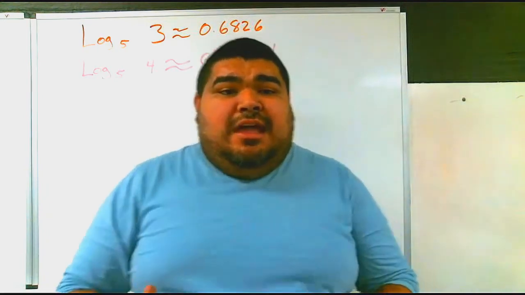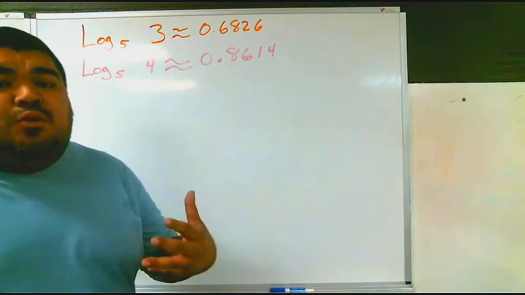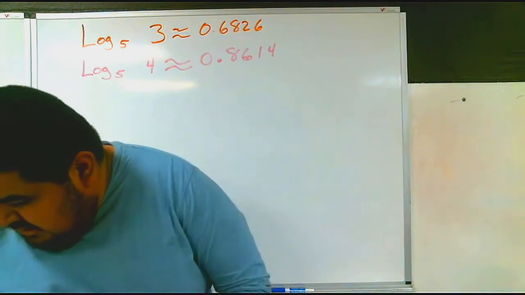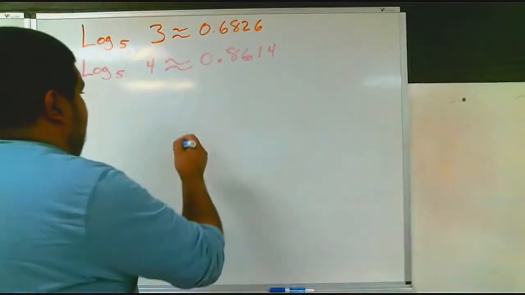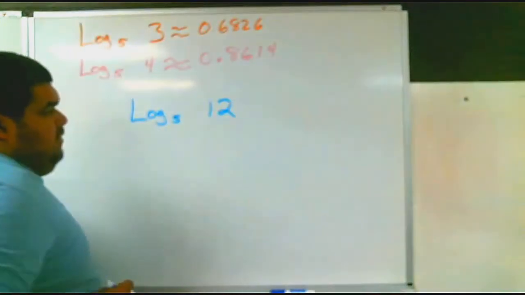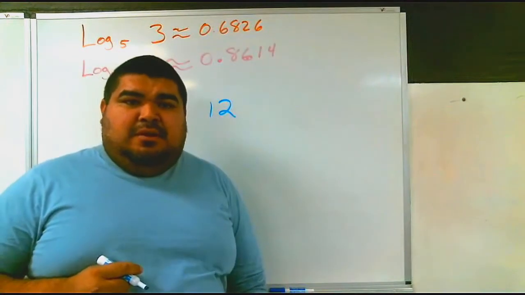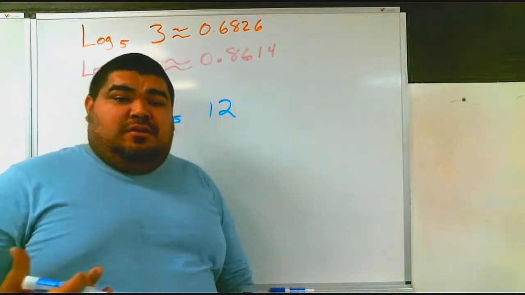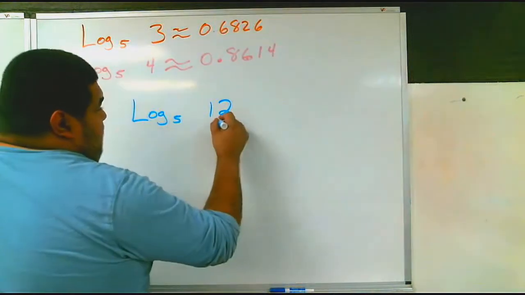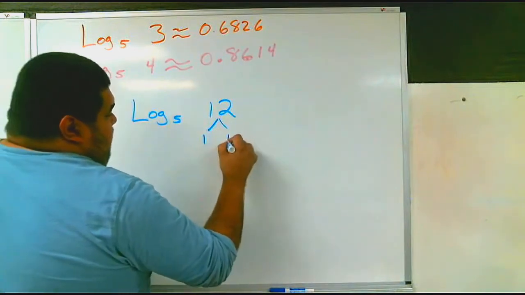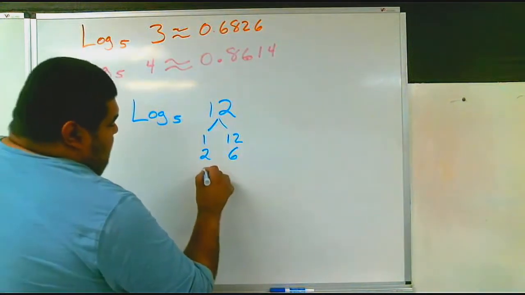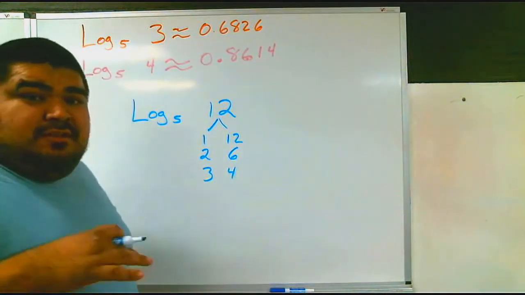Now that we have our logs here, our keywords, shall we say, our problem for today is we have to break down log base 5 of 12. Two numbers that give us 12 are 1 and 12, 2 and 6, 3 and 4, and there's nothing else that really gives us 12.